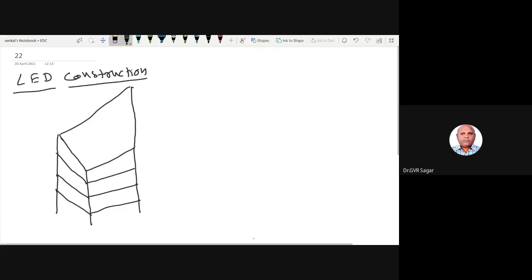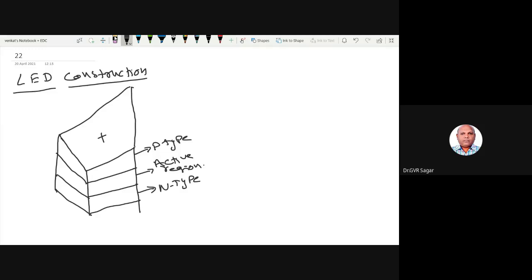This is a positive layer, the P-type layer, and this is the N-type layer, and there is a region in between. This is called the active region.